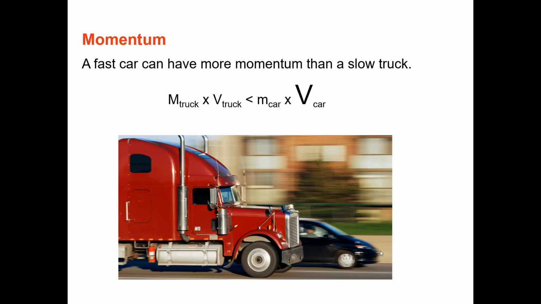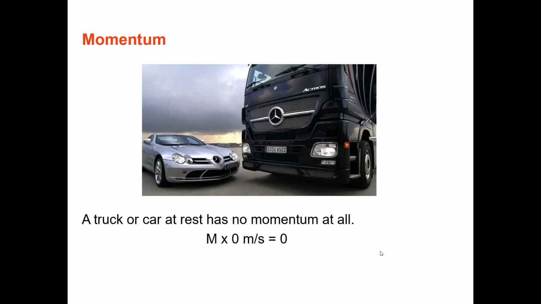It depends on the product of mass times velocity. Momentum is a multiple quantity. It's not a single thing. You have to measure two things. If neither the car or the truck are moving, then neither one has momentum because their speed or velocity is zero. It doesn't matter what your mass is.